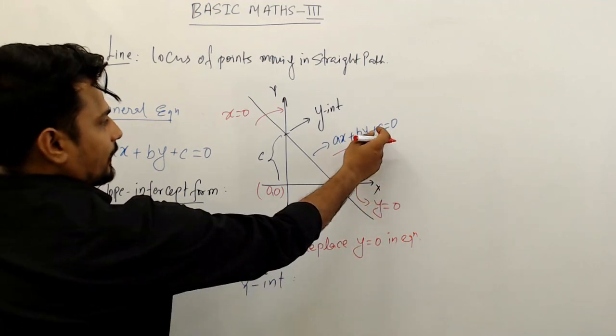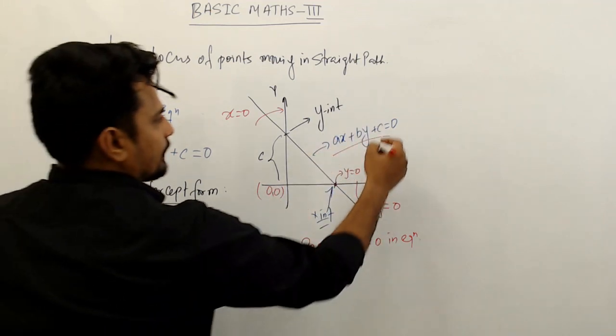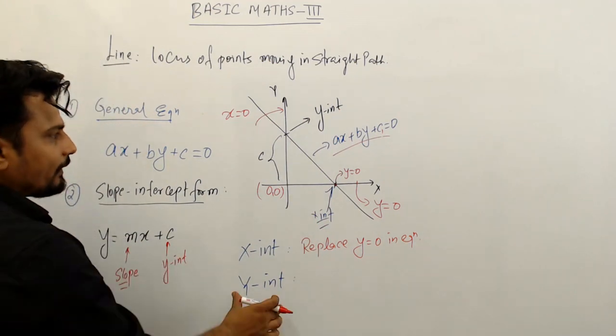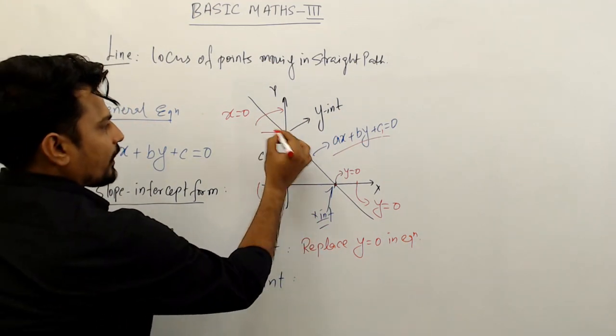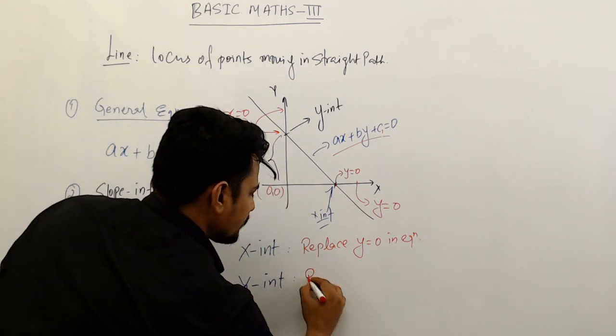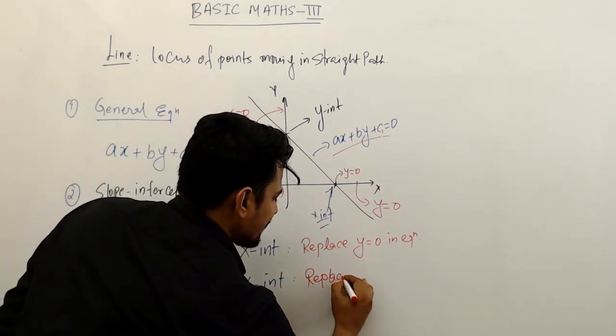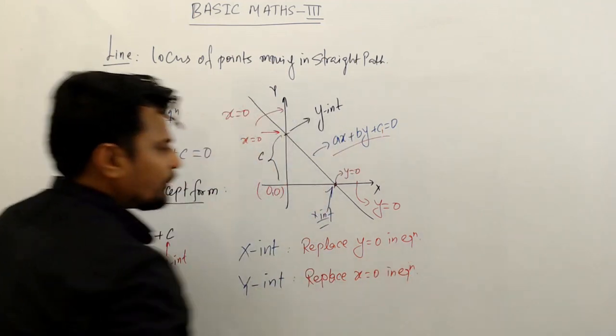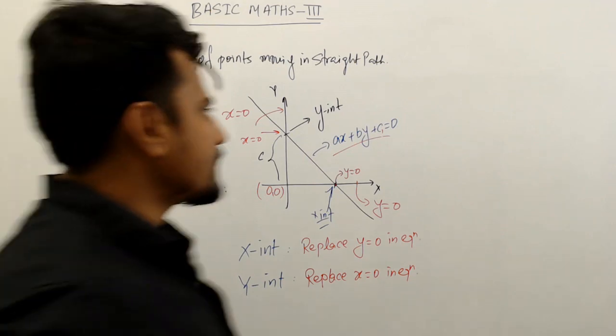Now please don't make this c and this c equal. Just to avoid confusion, let's say this is c1. All good? And to find the y-intercept, at this point x has to be 0. So you just need to replace x equals 0 in your equation, and you will get it. As simple as that.